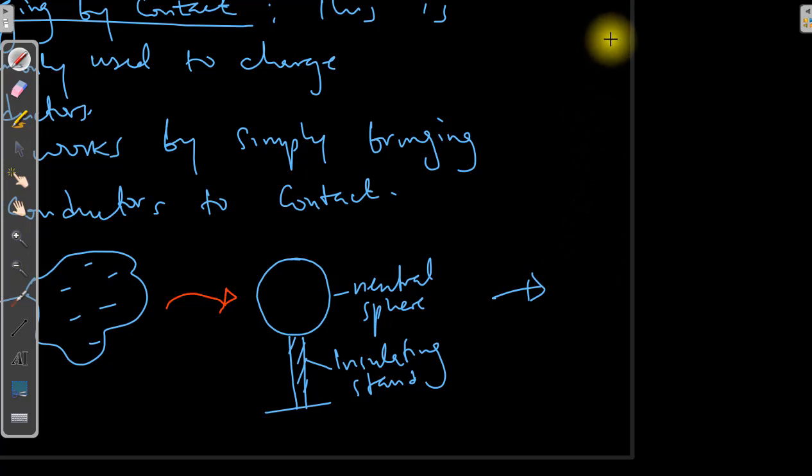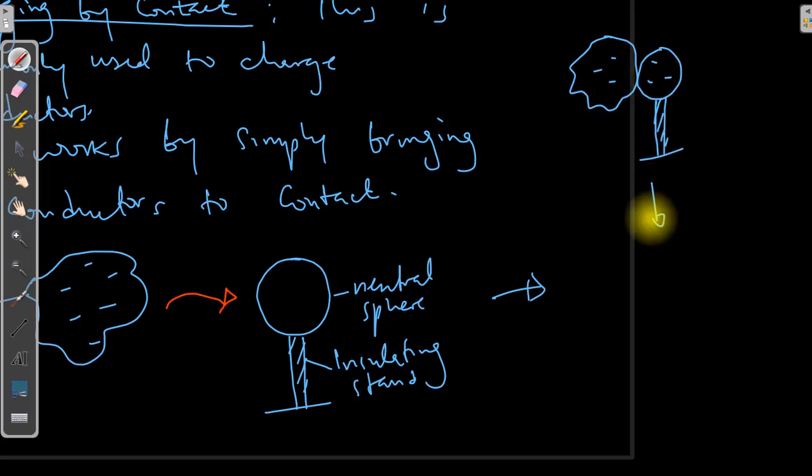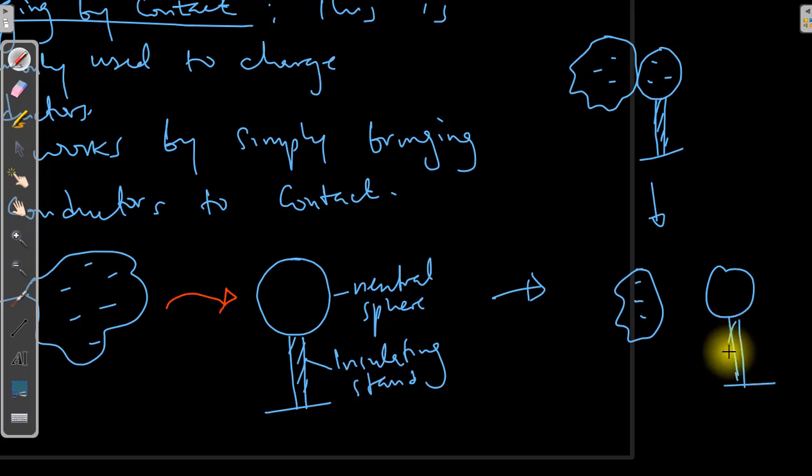oops, let me draw this here. So I have the aluminum foil and the neutral sphere in contact. The charges are going to distribute themselves between the aluminum foil and the neutral sphere, and in the end I'll have the aluminum foil and the neutral sphere independently, each of them having negative charges in it.